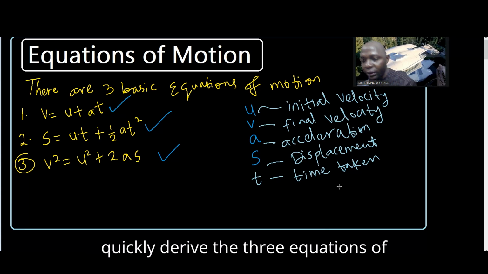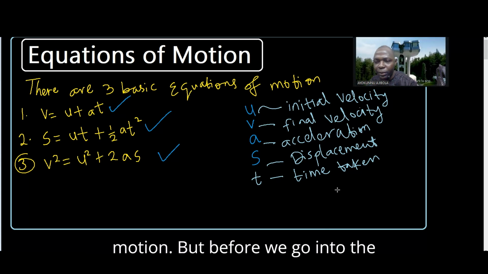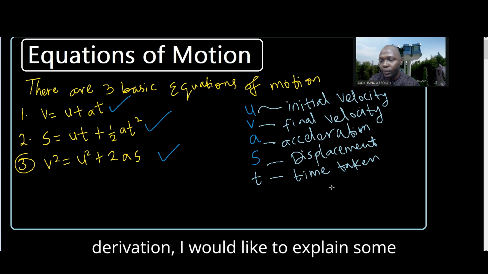We want to quickly derive the three equations of motion, but before we go into the derivation, I would like to explain some basic terms, okay? The basic terms I want to explain are the terms we'll be mentioning, like when I say velocity.